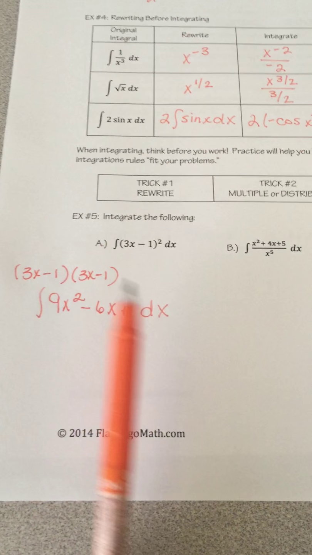Which would then give us 12x to the 5/2 divided by 5. This is already the simplified version. Minus 2/3 x to the 3/2 minus 24 x to the 1/2, and of course plus our constant.